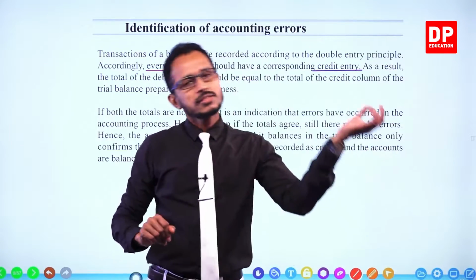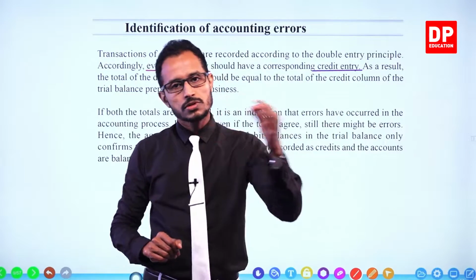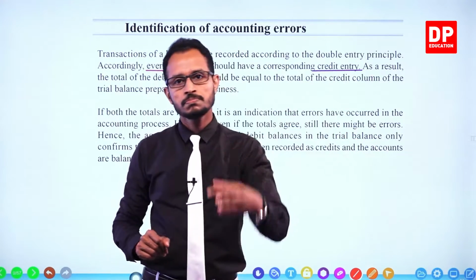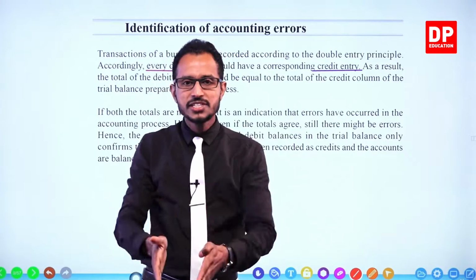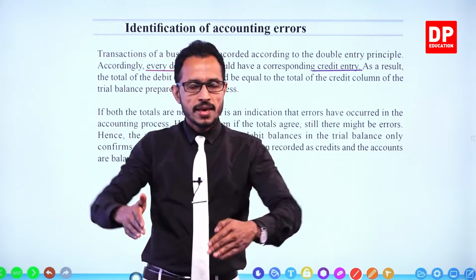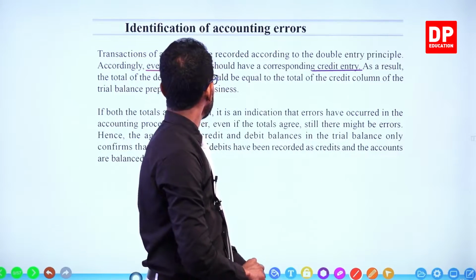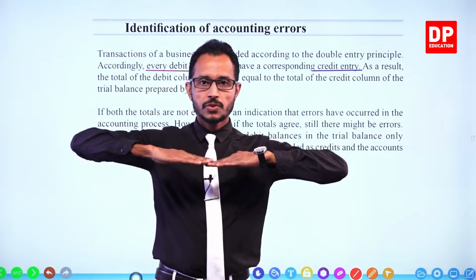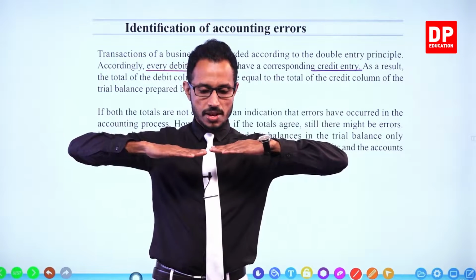Then we take the addition of the debit column and credit column. Additions will be equal. Debit total will be equal to the credit total. That is called balancing the trial balance. The trial balance should be balanced.